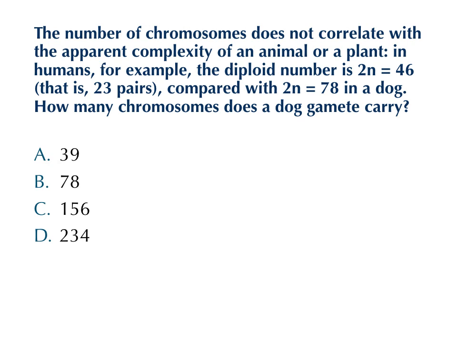The number of chromosomes does not correlate with the apparent complexity of an animal or a plant. In humans, for example, the diploid number is 2n equals 46, or 23 chromosome pairs, compared with 2n equals 78 in a dog. How many chromosomes does a dog gamete carry?